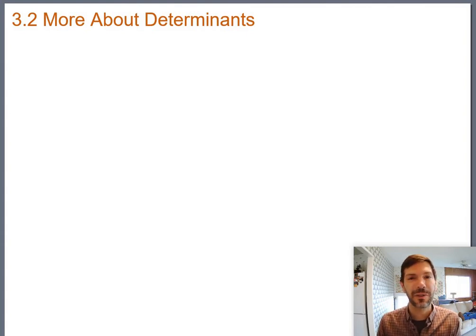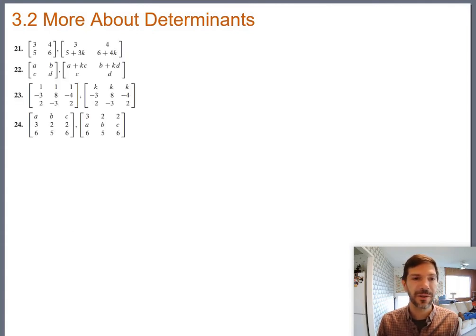I wanted to start by looking at a couple examples from your homework on the previous section. So these are 21 through 24 from section 3.1. You should have already done 21 and 23, but just to recap, they were asking you to explore what changes about the determinant when you do row operations.